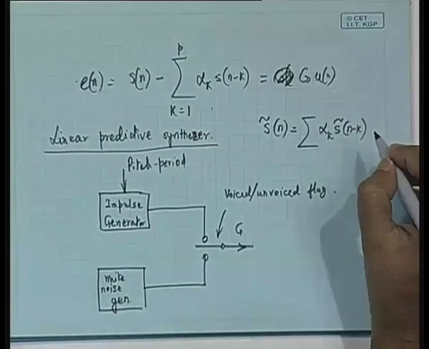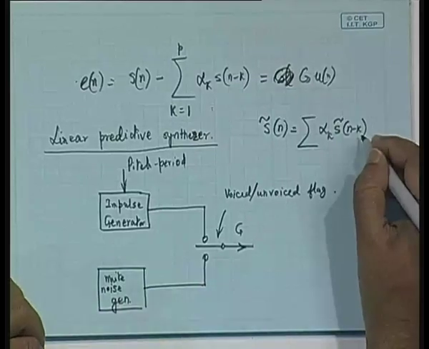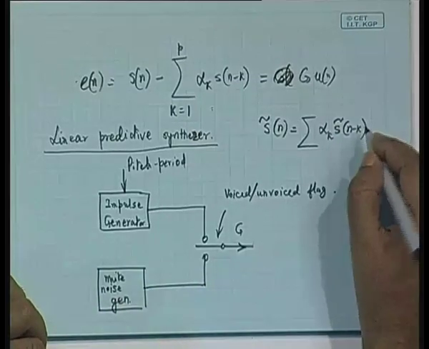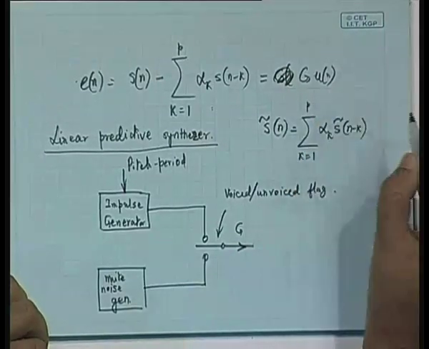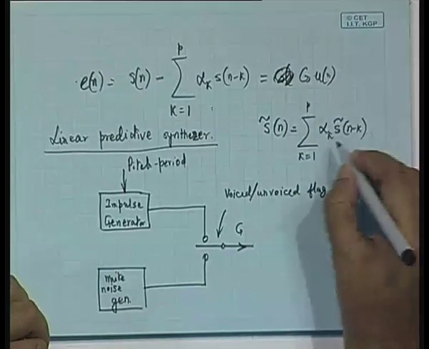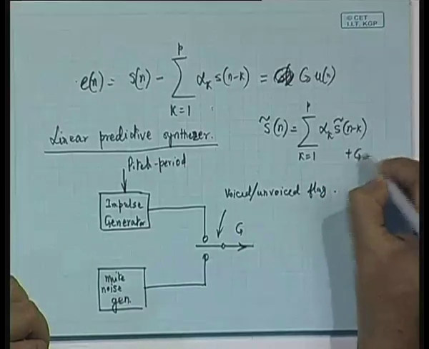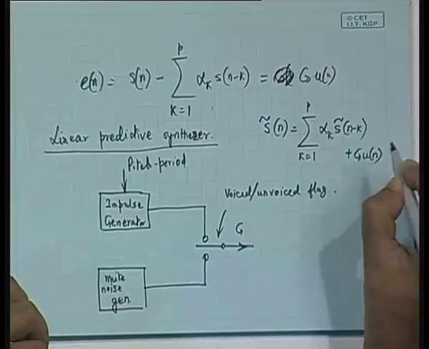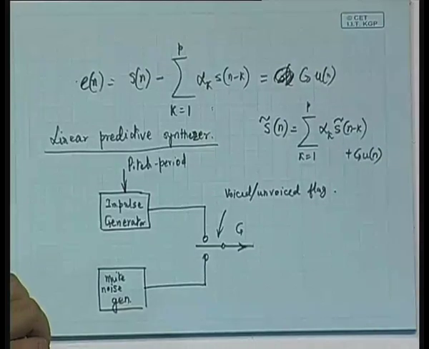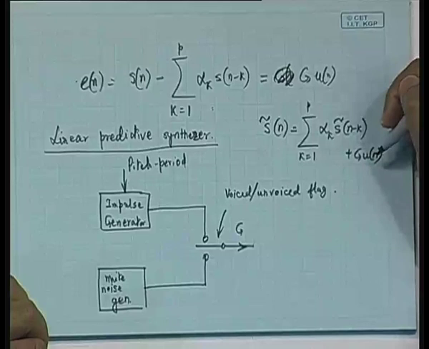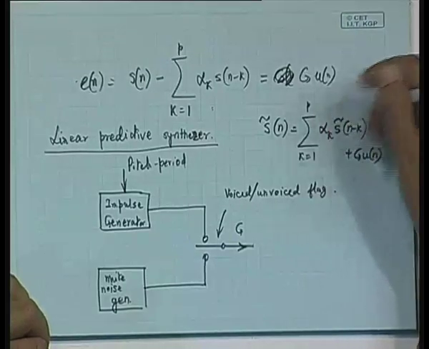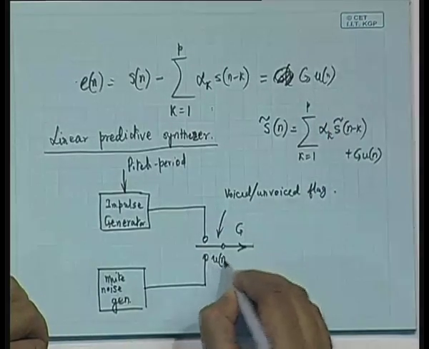S tilde n minus k means all the synthesized past samples, and k would go from 1 to p, and this plus g u n, where u n is going to be the unit step function. So, g u n, so u n would be available over here.